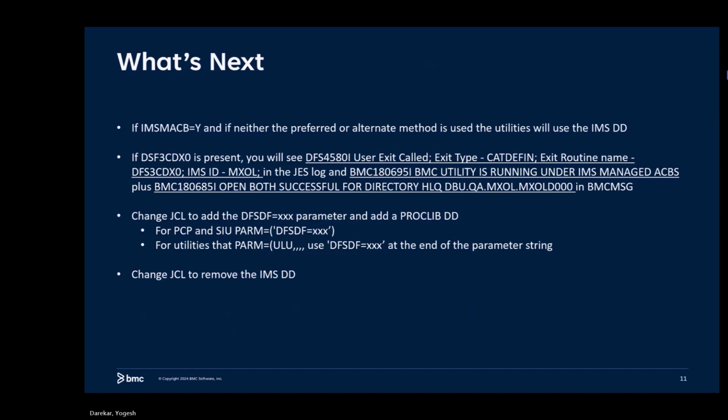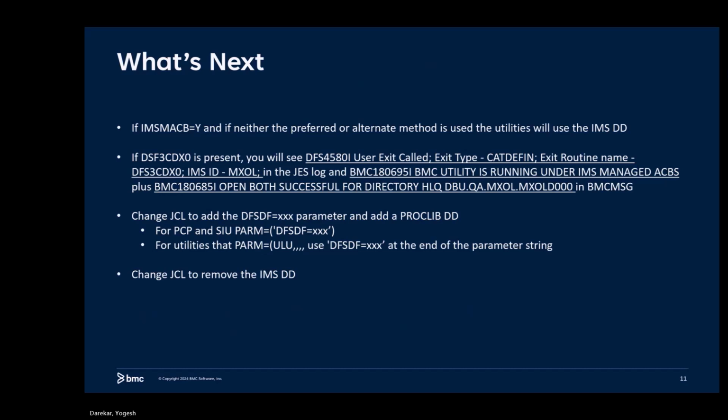If IMSMACB=Y is used and neither method is available, we still will allow the use of the IMS DD. So as a last resort, we will use the DBDLIB, PSBLIB. And some quick tips: if the exit is present, there is a message displayed that the user exit is called, what the name is, and the exit routine.